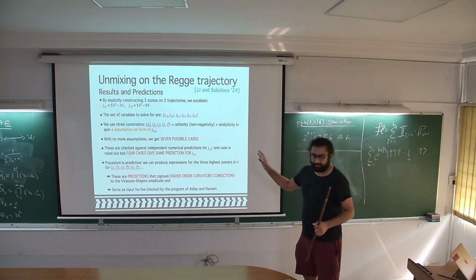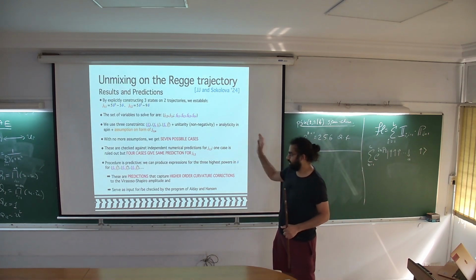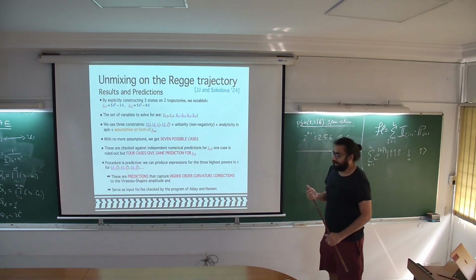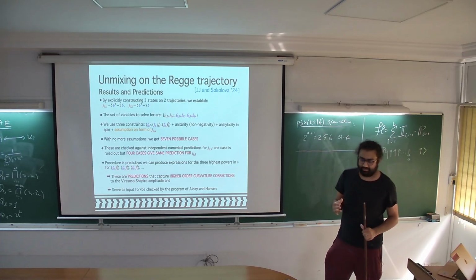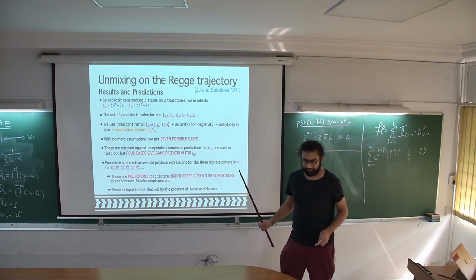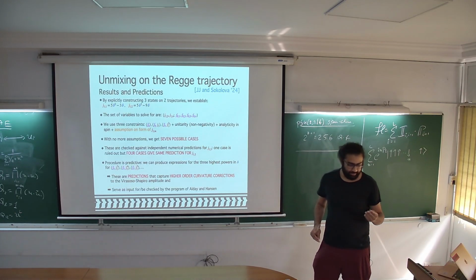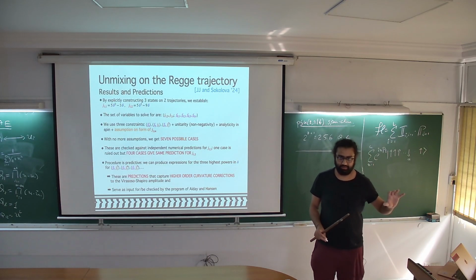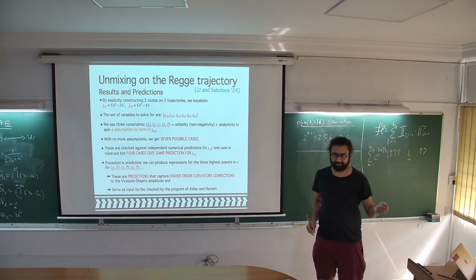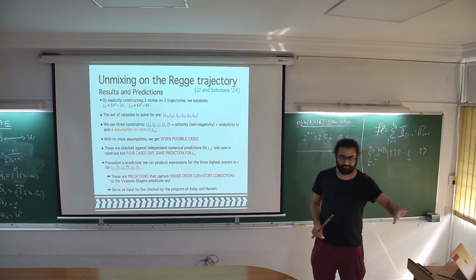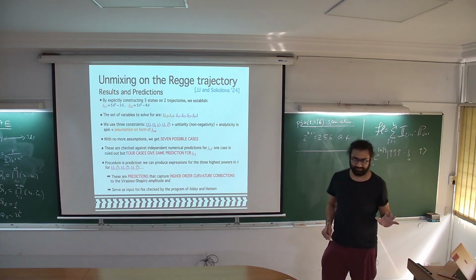Right. So we solve now the system with no more extra assumptions. We get 7 possible cases. Now, I said that we don't have expressions for J13 and J14. Indeed, we don't have analytical expressions for them, but we do have independent QSC numerics for them. It's just not precise enough. So it's precise enough, I would say, to rule out something, but not precise enough to rule in something.